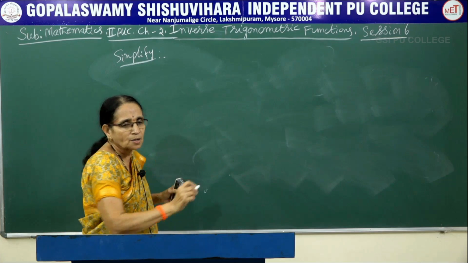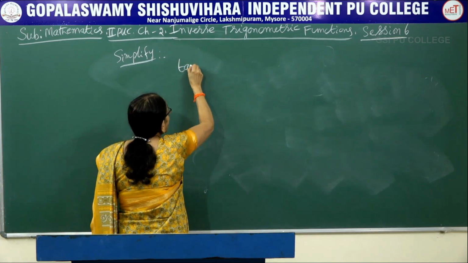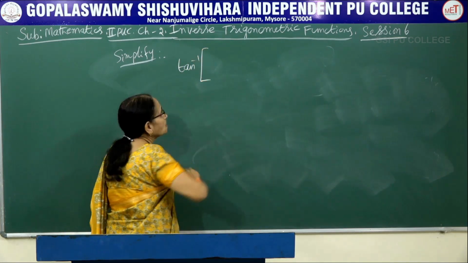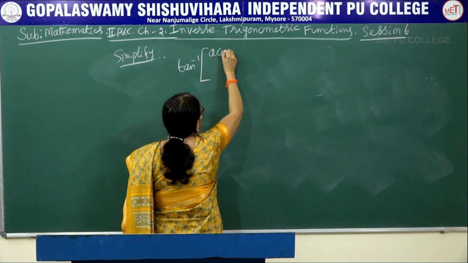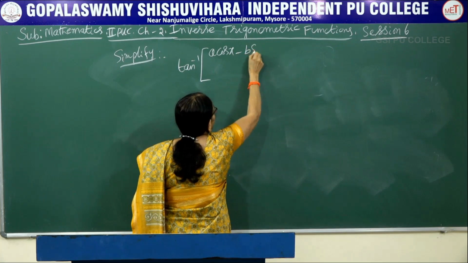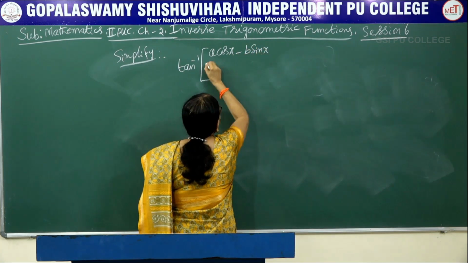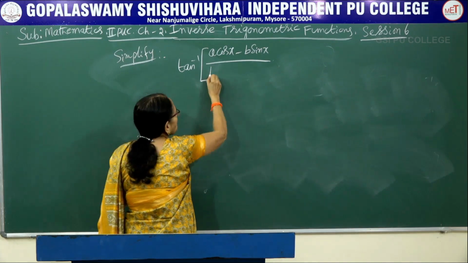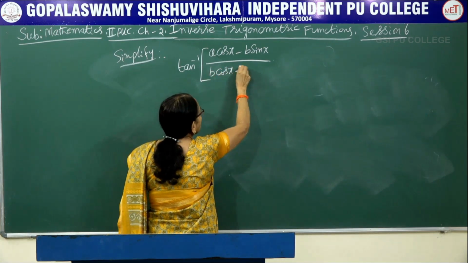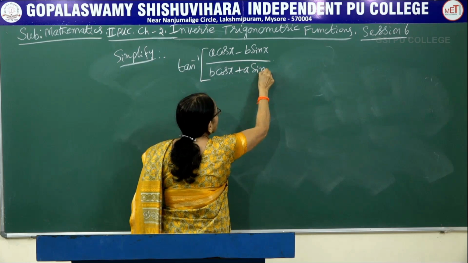Here, understand it carefully. Tan inverse of a cos x minus b sin x divided by b cos x plus a sin x.